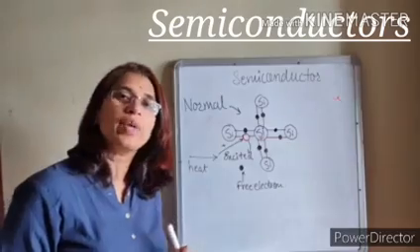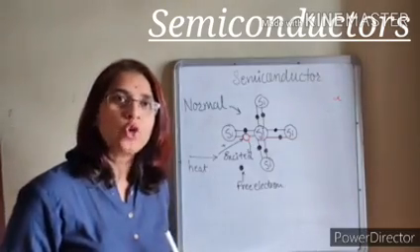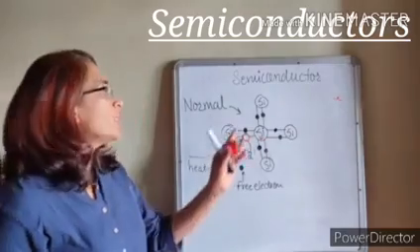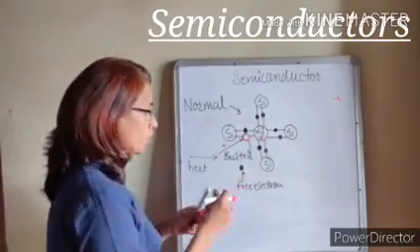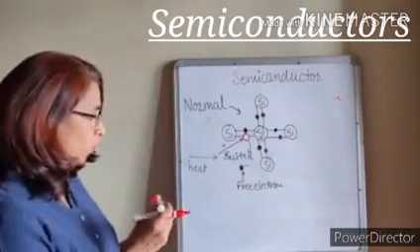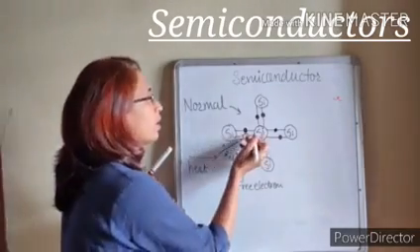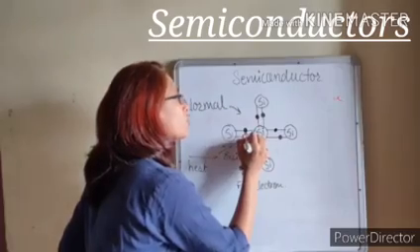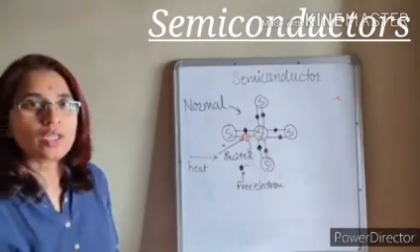Hole is nothing but the lack of electron. It needs one electron to be complete. As we know, the electron is of negative charge, and when the negative charge comes out, the hole is created, and this is of positive charge.